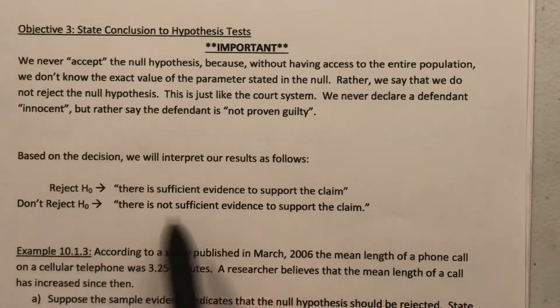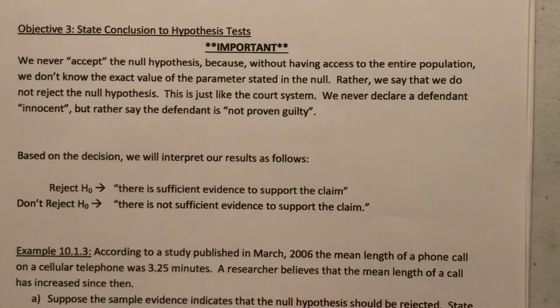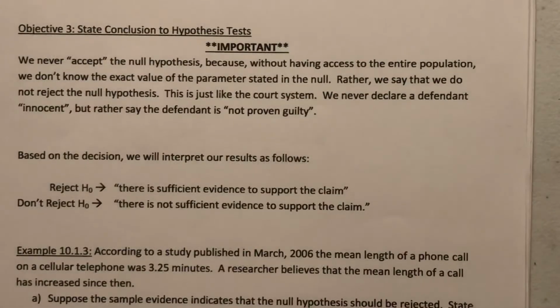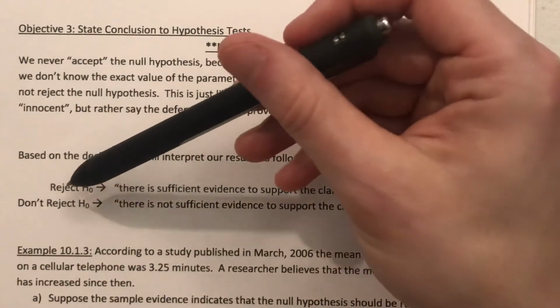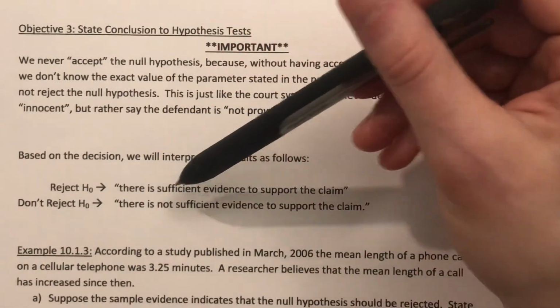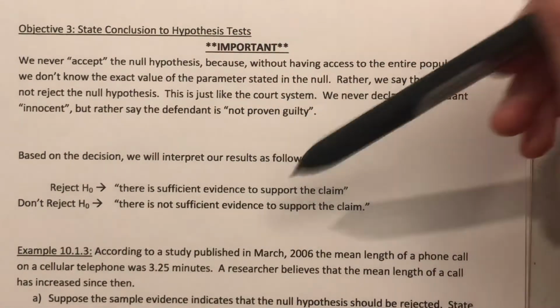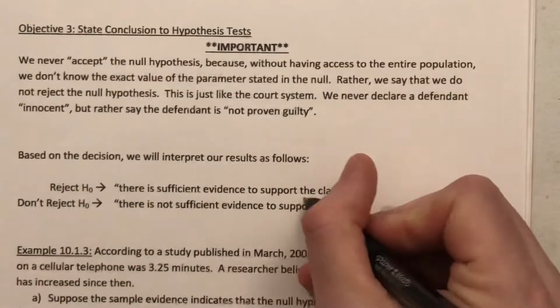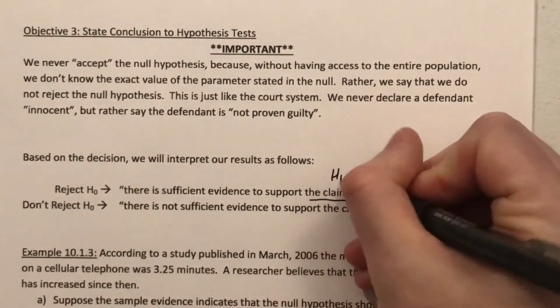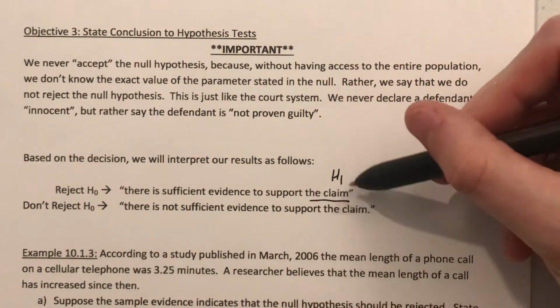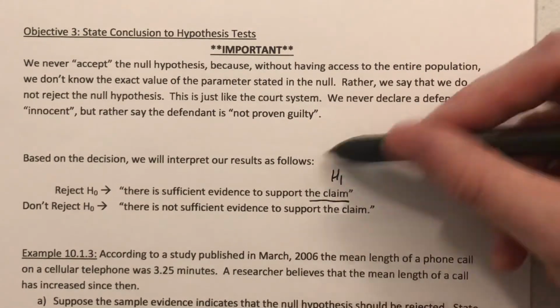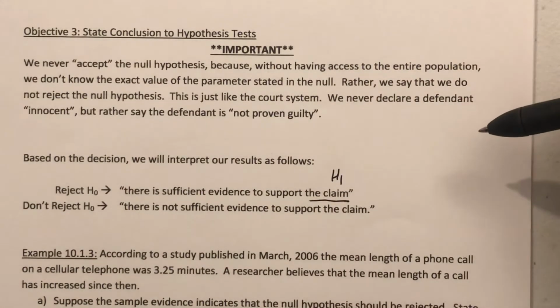And so because of that, when we get to the big sentence that we write in an answer, if we're rejecting the null, we say we have sufficient evidence to support the claim. Now the claim is always essentially the written out version of the alternative, what we were trying to prove.